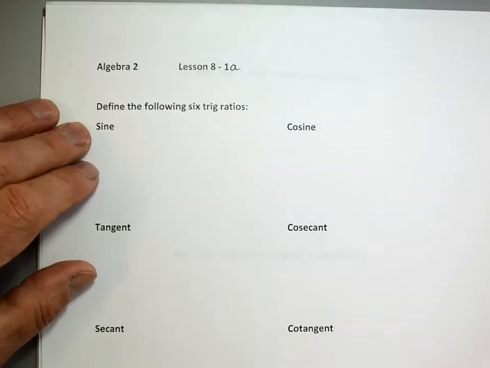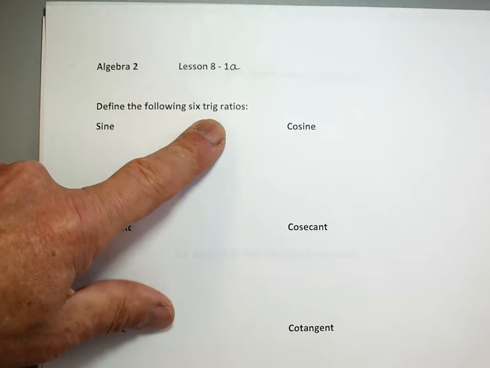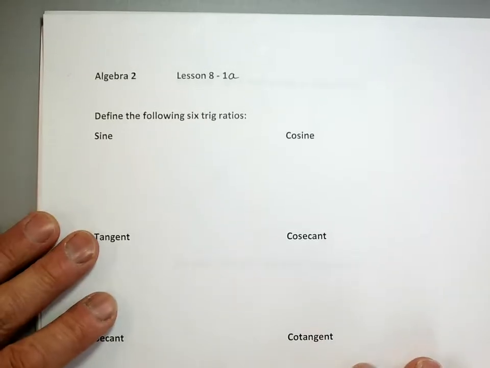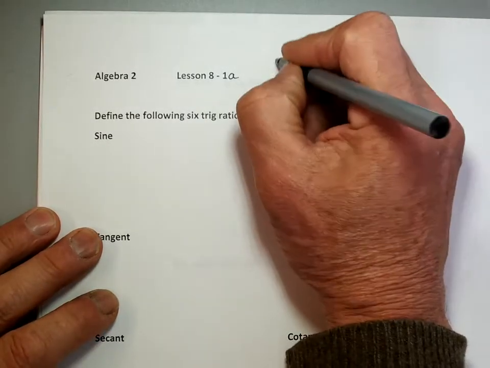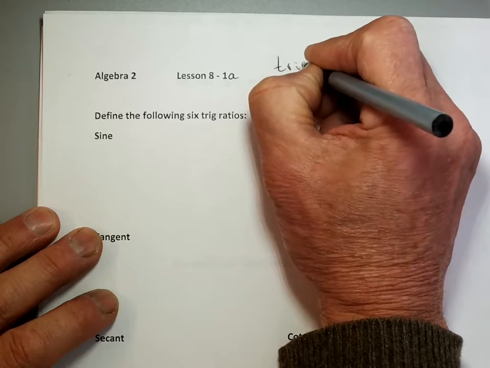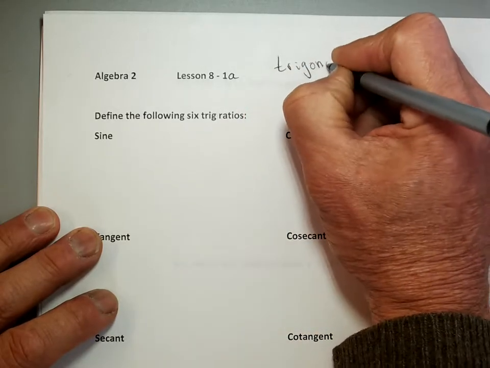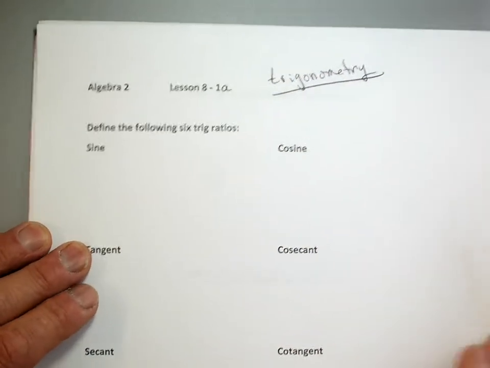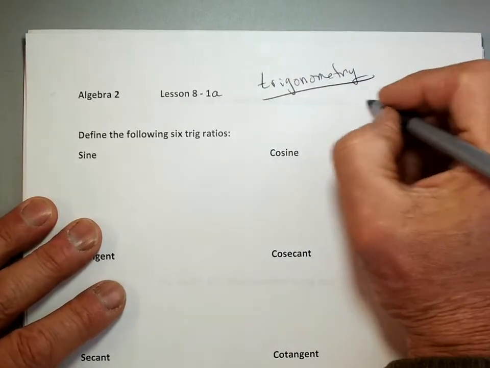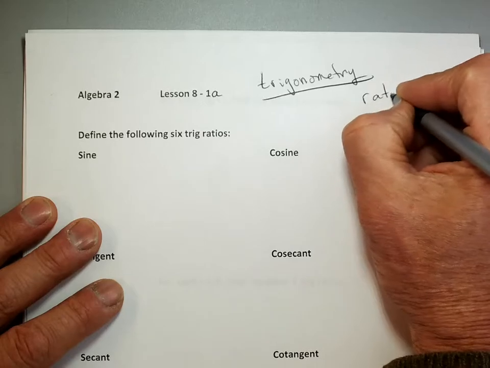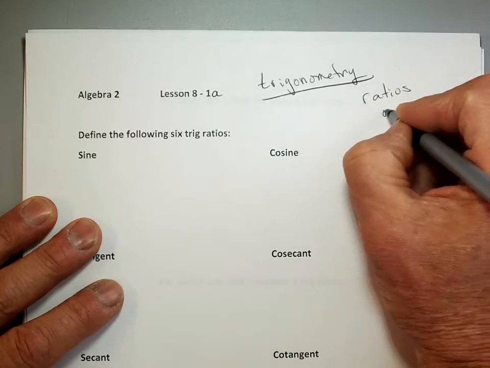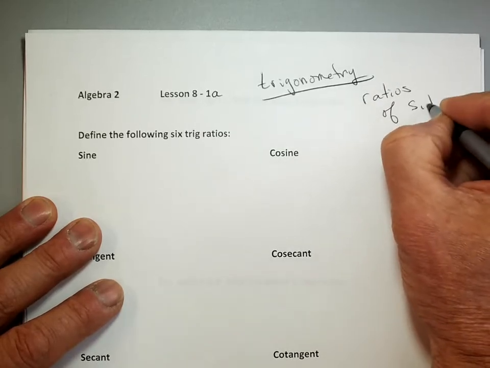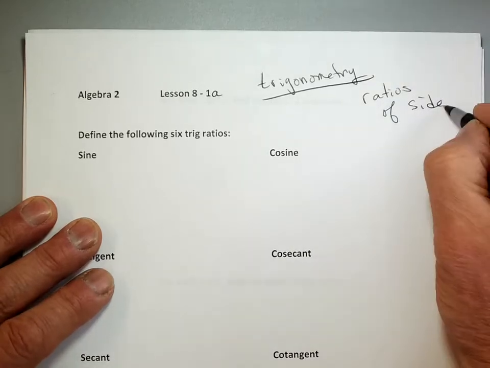So I don't know how well we learned right triangle trig last year because we were remote. But today we want to talk about trigonometry, okay? Trigonometry uses the ratios of sides in comparison to the angle.